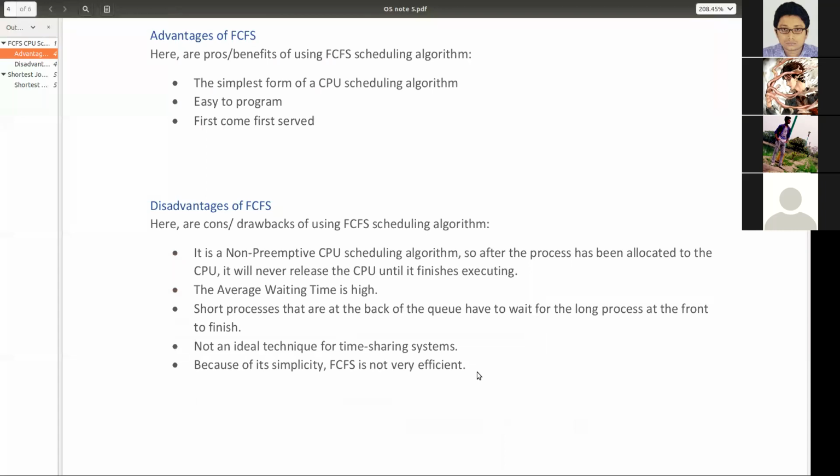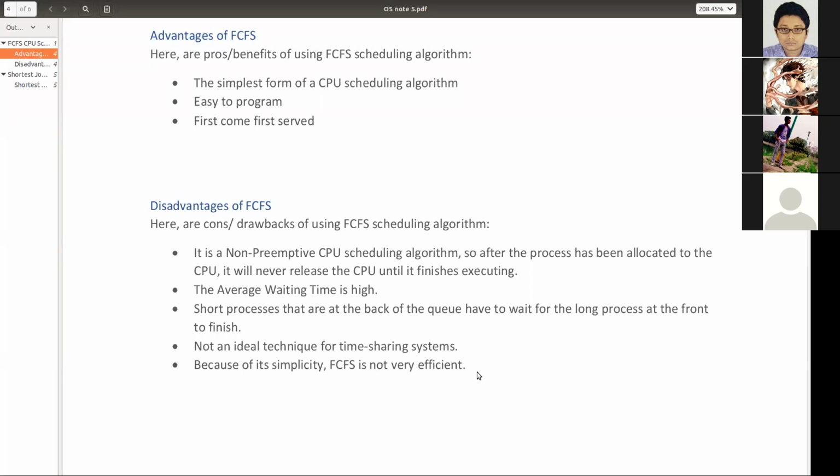Convoy effect means if some large process is executing in the CPU and there are some small processes waiting in the ready queue, then those small processes will stay in the ready queue until that large process is finished. That effect is known as the convoy effect. That is the biggest disadvantage of FCFS.